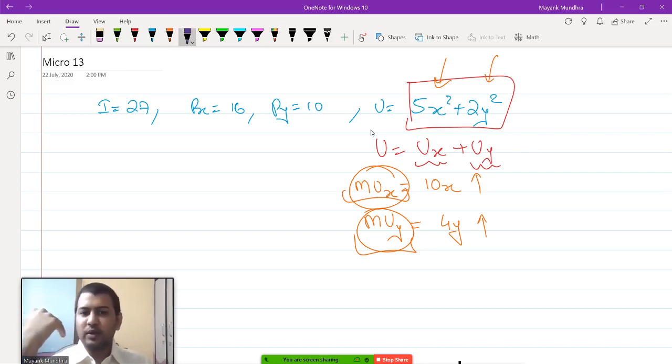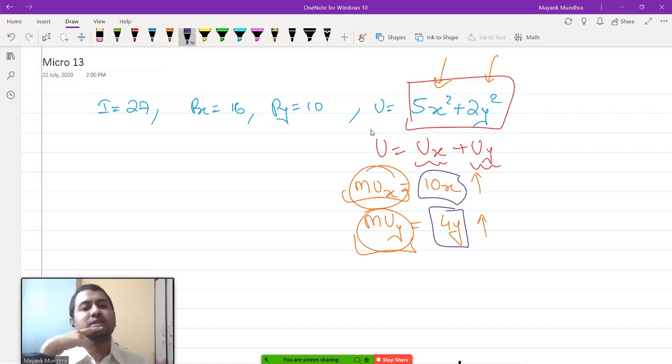Because now equating marginal utilities does not make sense anymore, since marginal utilities are increasing, so I don't equate them. So in this situation, let's see what he can do.